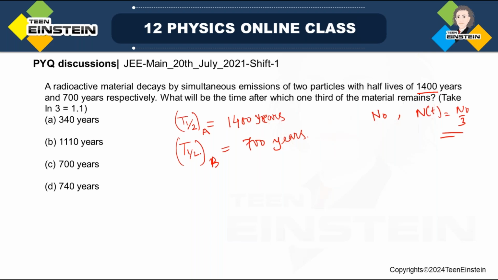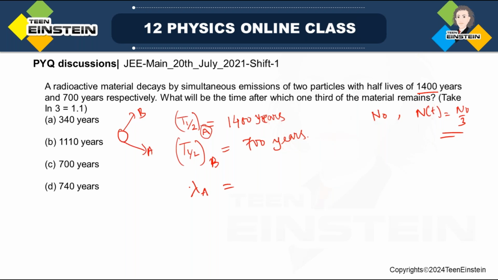So in such cases we have to find out the equivalent or net disintegration constant of the material. Suppose this material is decaying through a particle A and particle B.